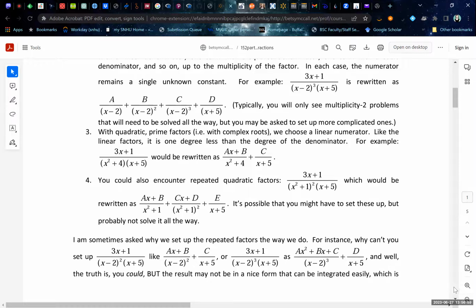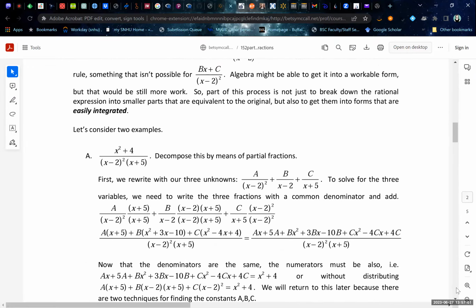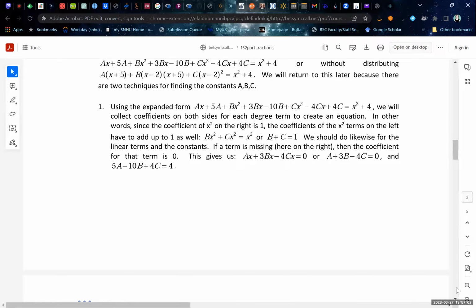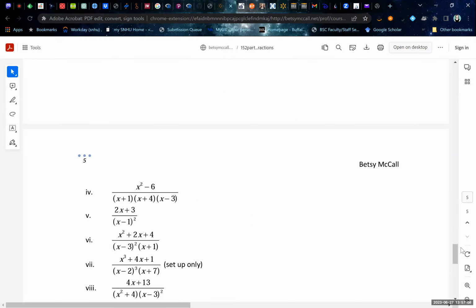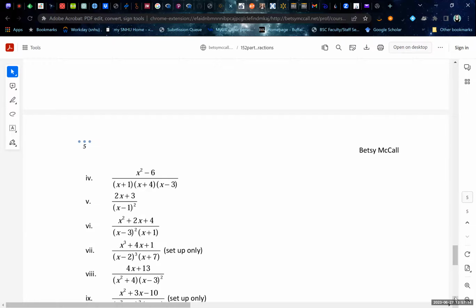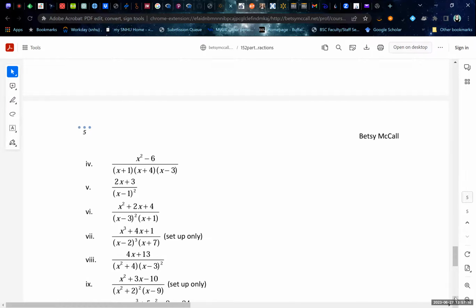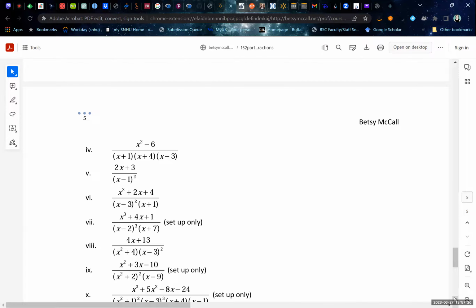And so sometimes I've seen problems where students will be asked to set up a problem that ends up with as many as 11 different coefficients to solve for. But then the idea is that you actually don't solve for those. You just set up the form.